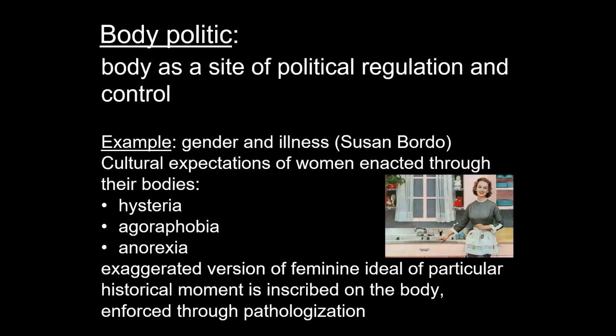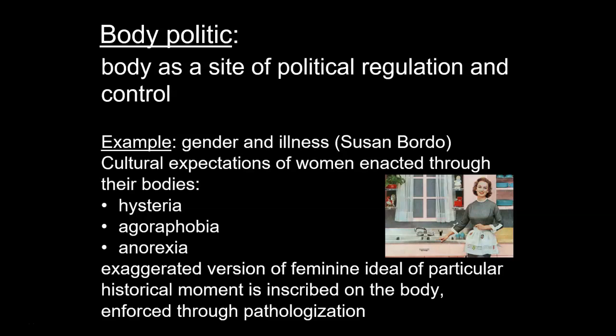And what she argues is that each of these 3 illnesses, which primarily afflicted women, are reflections of exaggerated versions of expectations of femininity in that particular historical era. Okay? So in other words, she's saying, first of all, that these illnesses are far more than just some sort of biological phenomenon.